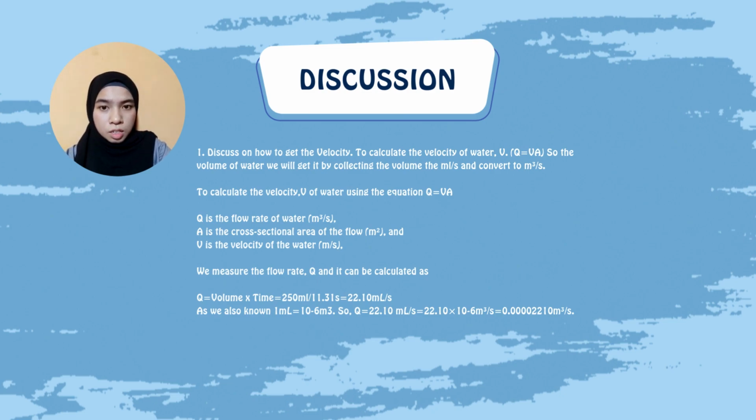For our discussion, the first is how to calculate the velocity of water. We get the volume of water by measuring the volume in ml over s and converting to m cube over s.